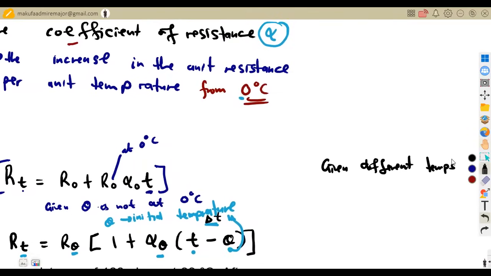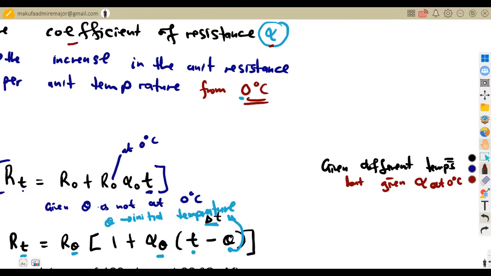These temperatures that you are given, they are corresponding to their own resistances, but you are given the temperature coefficient of our resistance at 0 degrees Celsius. What is going to be the condition?